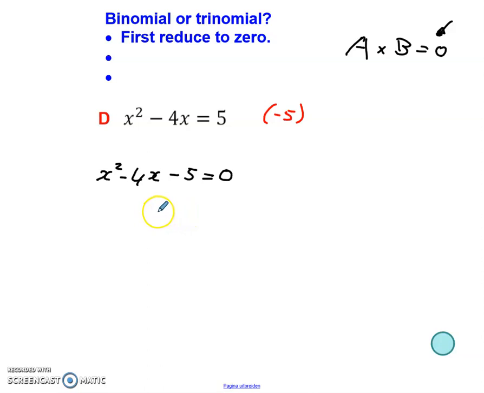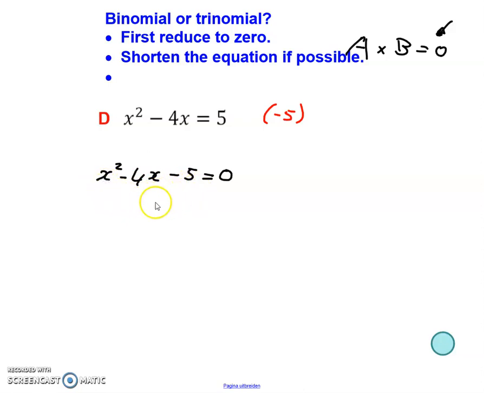In step 3, it says factorize the binomial or trinomial in the equation. But always first, and that's an important step, look if you can shorten the equation. And this equation we cannot shorten because we have 3 terms and they are not like terms.